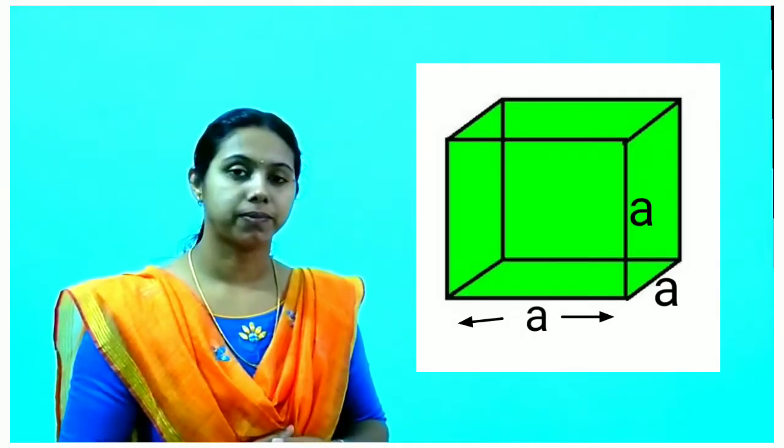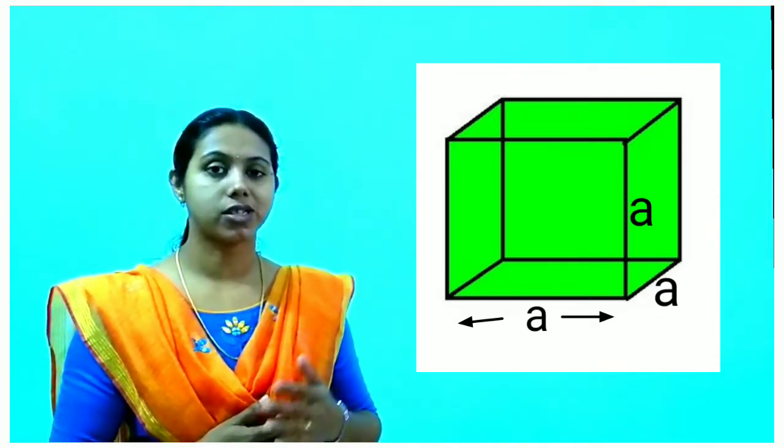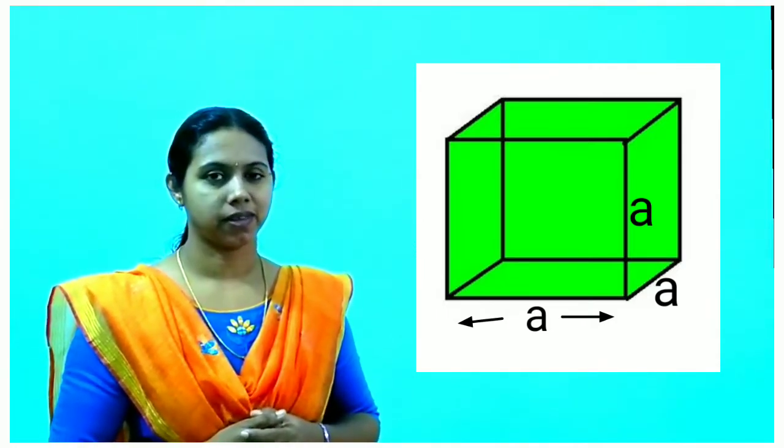Before that, let us recall the formulas for finding the surface areas and volumes of solid shapes like a cube, cuboid, etc. The first one is the cube. A cube has 6 faces, 8 vertices, 12 edges.